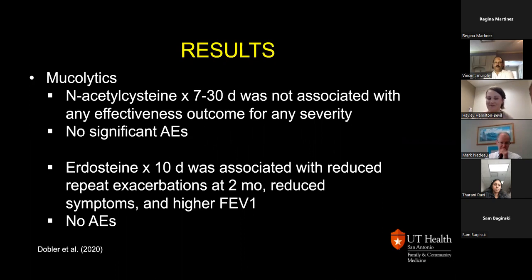Erdosteine was given for 10 days, and that was associated with reduced repeat exacerbations at the 2-month follow-up. Also some reduced symptoms and a higher lung function. They only did 1 study with this medication. It was inpatient in moderate to severe severity of exacerbation.